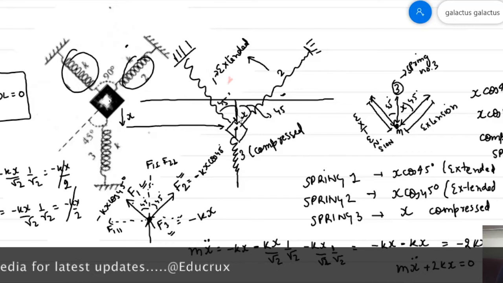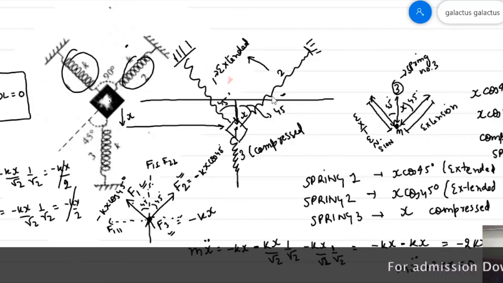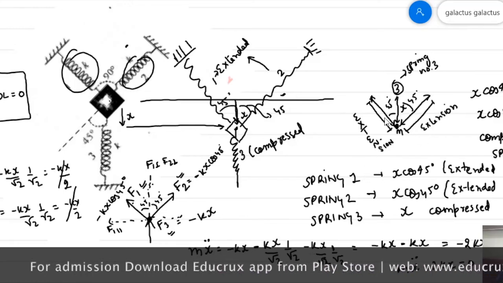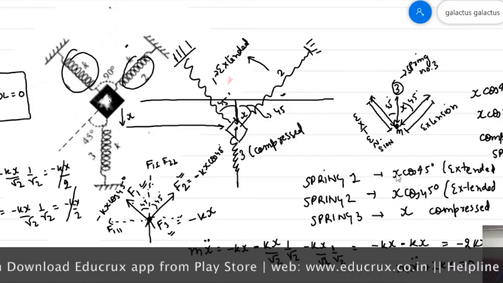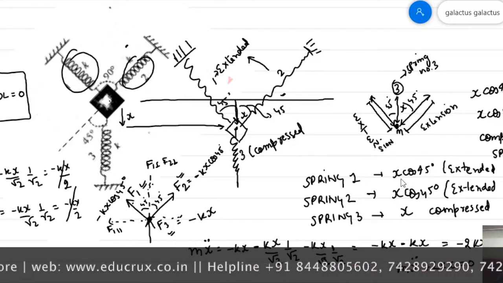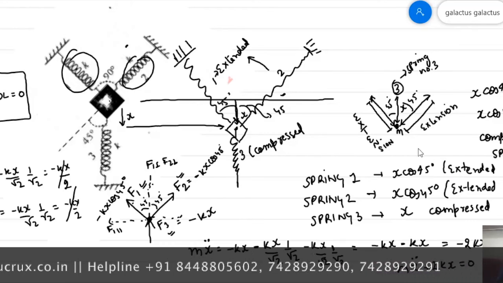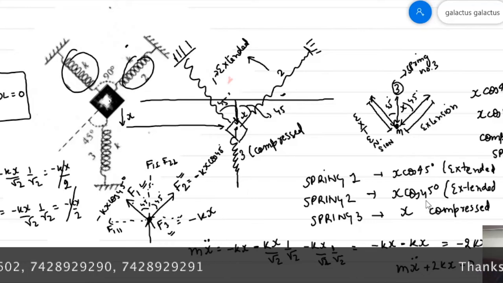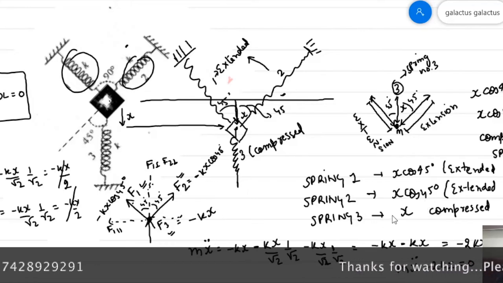If it is displaced by a vertical distance x, then by using trigonometry, I can calculate the extension along spring 1 and spring 2. Along spring number 1, due to the trigonometry, this will be x cos 45 degrees. That is, spring number 1 will be extended by x cos 45. Similarly, spring number 2 will be extended by x cos 45 degrees, and spring 3 is compressed by x.